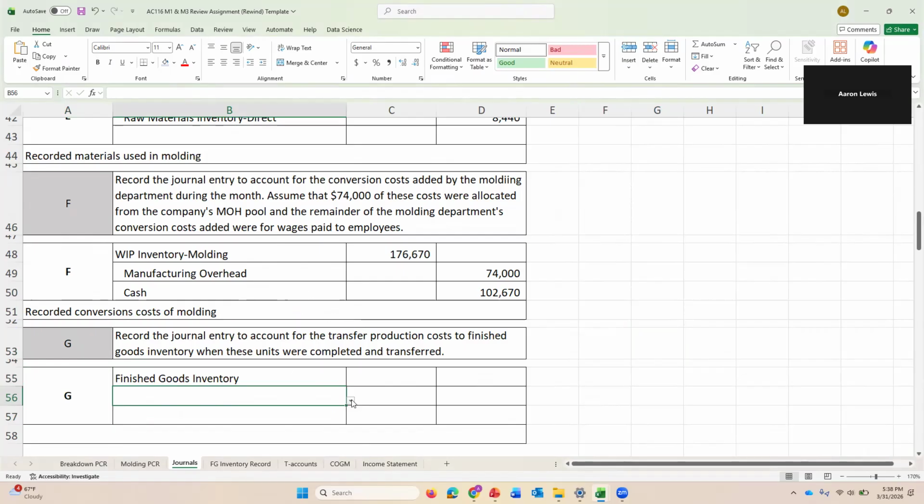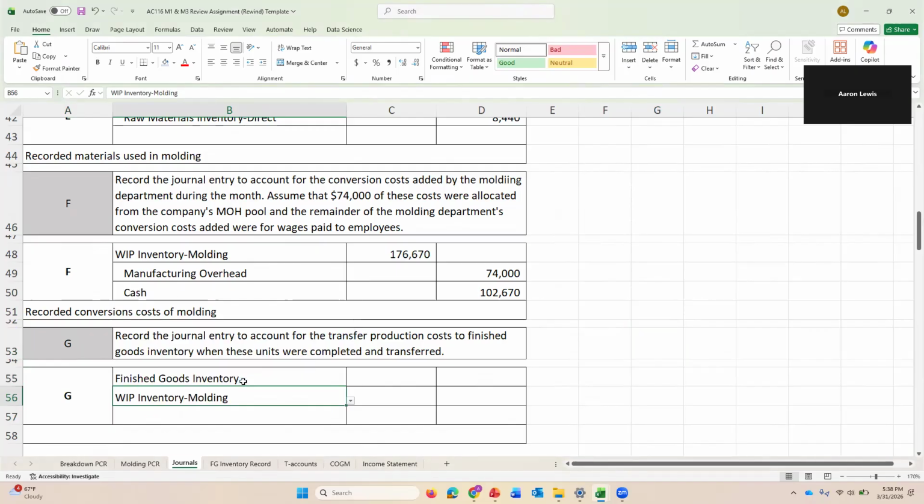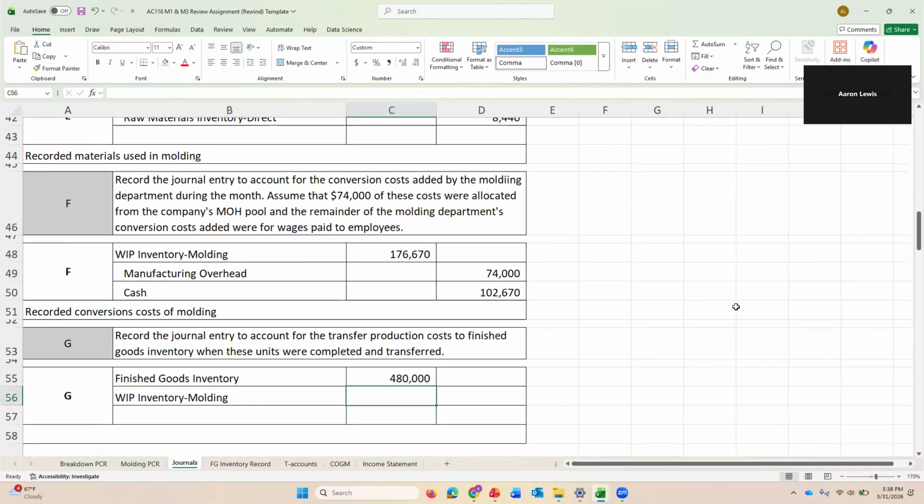We don't want to have that cost in our WIP accounts. The last account that it was in was WIP molding, so I'm going to take it out of WIP molding with a credit. And this is for the total amount of costs that we assigned to units, which we finished molding and transferred to finished goods. And I can find that on molding's PCR. The total cost of units that were completed and transferred out of the molding department to finished goods is $480,000.